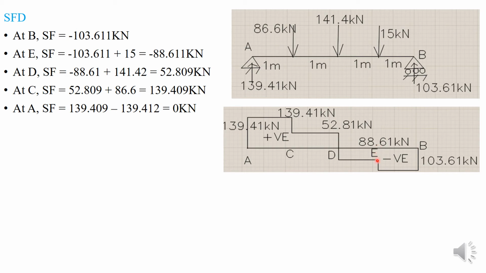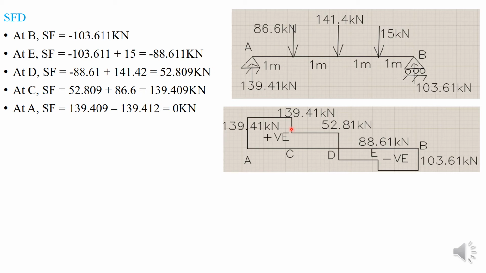Then this horizontal line will continue up to D, and at D a load of 141.4 kilonewton is acting. So minus 88.61 plus 141.4, that is 52.81, is the net shear force value at D. Now from D to C it is 52.81, then at C an 86.6 kilonewton load is coming.